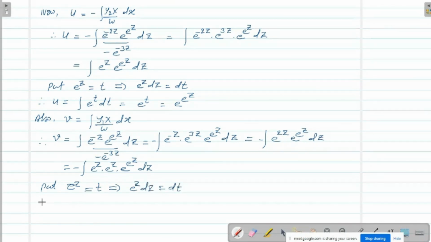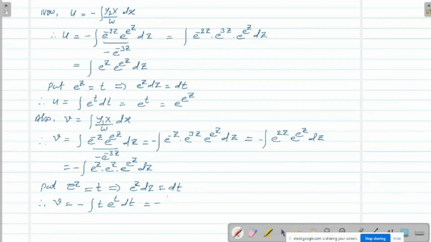Just substitute over here. Therefore, v equal to negative integration of e raised to z is t, and e raised to z dz is dt. So e raised to z is t, and this is dt. Just integrate by using generalized integration by parts.